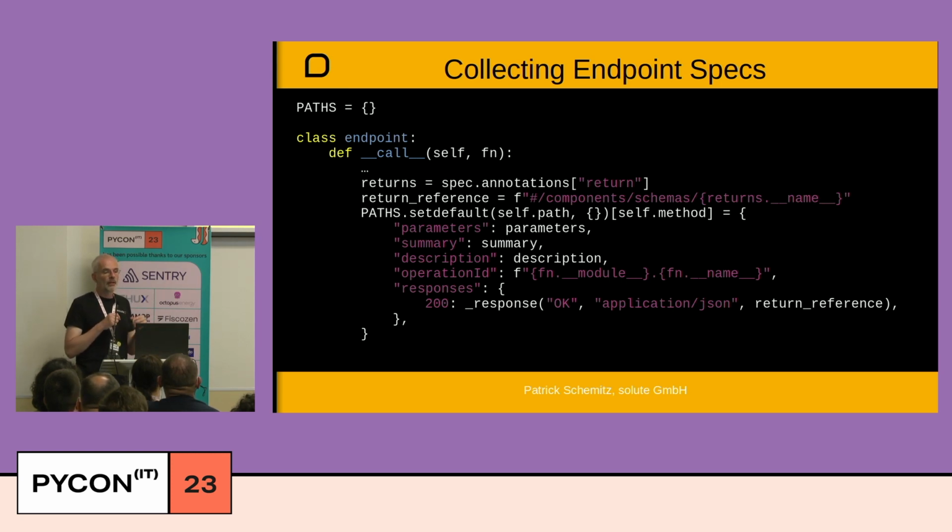So now we need to collect all this information about this one endpoint into the paths module variable. And after we import all modules that contain endpoints, this paths thing will then contain the OpenAPI structure for all the endpoints.